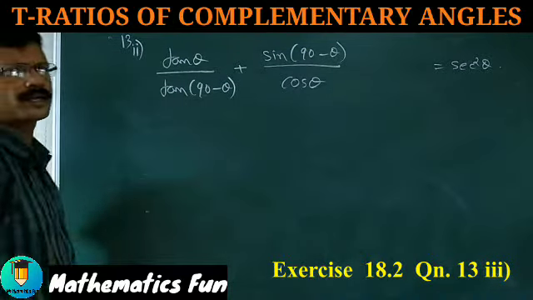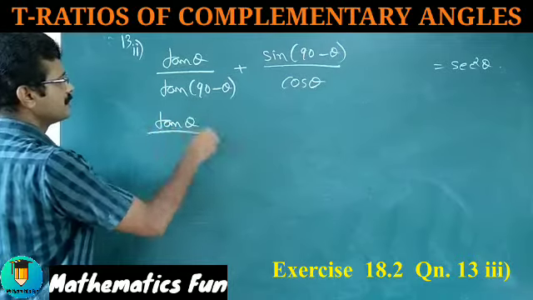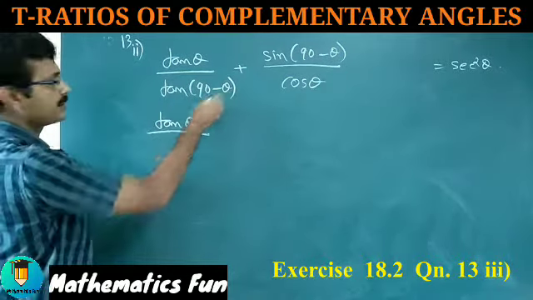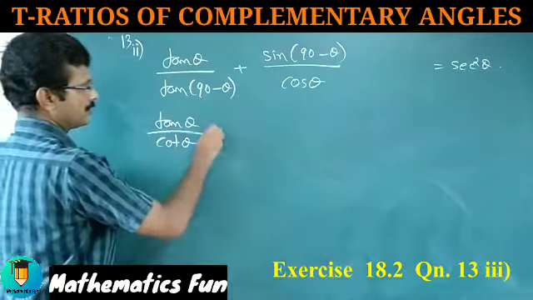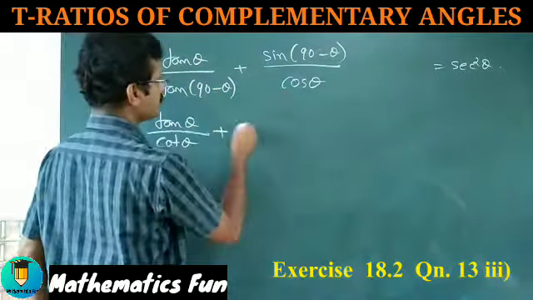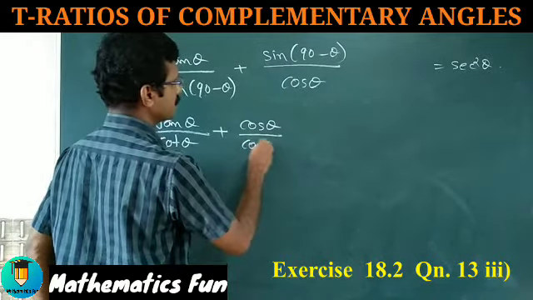So here our complementary angle property is just simplification. In the numerator, tan theta, and here tan 90 minus theta we know is cot theta, plus sine 90 minus theta is cos theta, divided by cos theta.